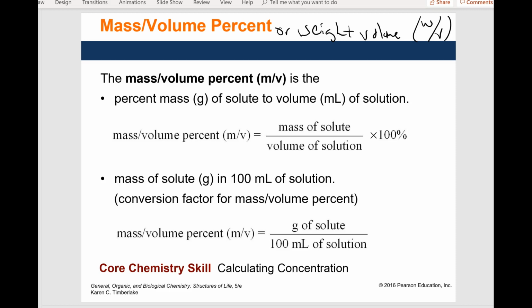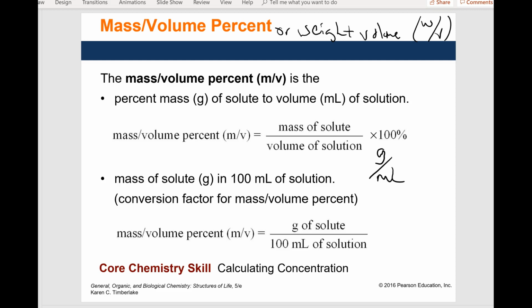And what that means is you've got the mass of your solute in grams per milliliter of solution. And this is the only one where you absolutely have to specify that particular unit. Because of the other ones, as long as the unit's matched, you are fine. But because we're going across the two types of measurements, we're doing a mass and a volume, you have to match the explicit units of grams per milliliter.